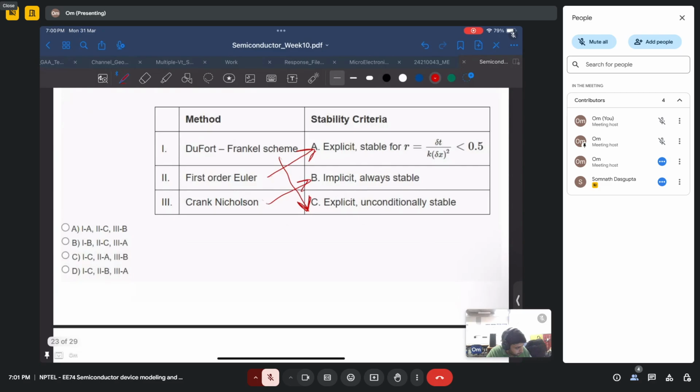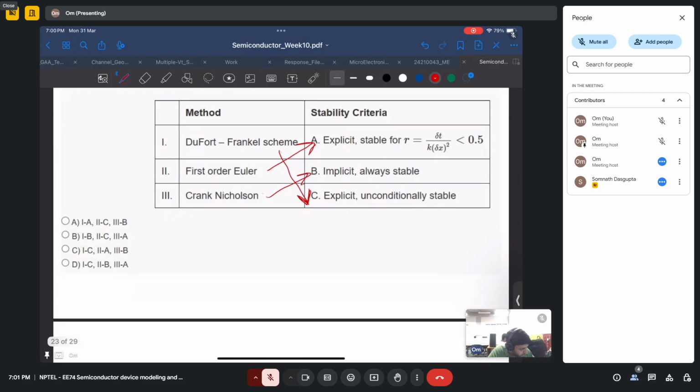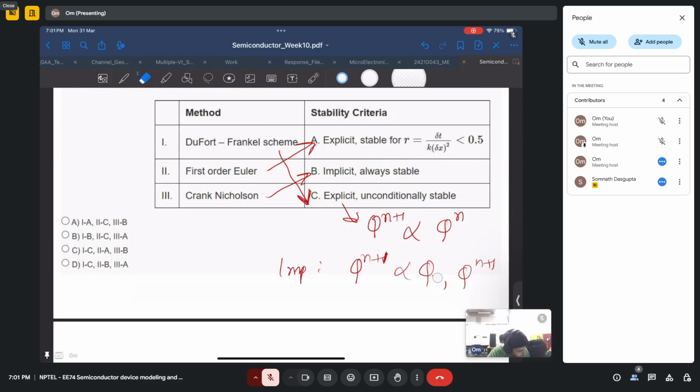Explicit means, and implicit means phi n plus 1 depends on phi n comma phi n plus 1. Okay.